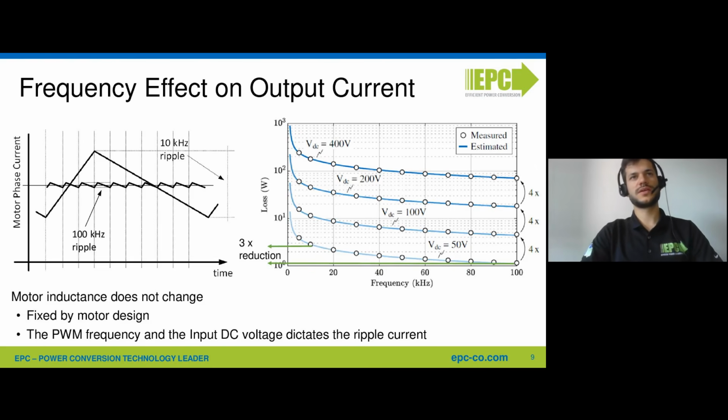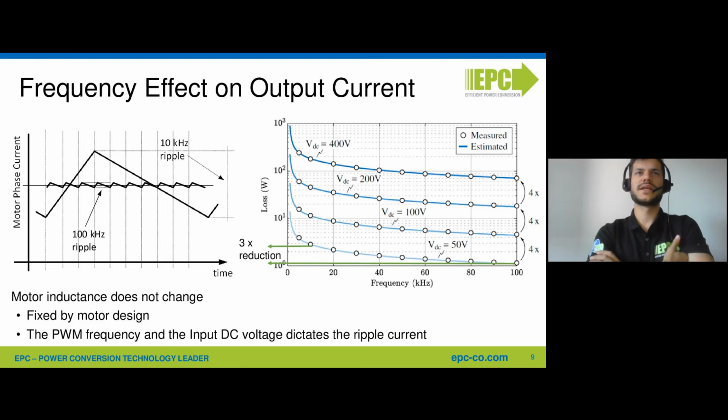So reducing the ripple current in the phase excitation helps in reducing this kind of contribution. On the right side, it's possible to see the associated power loss in a motor due to the current ripple induced by the PWM effect.